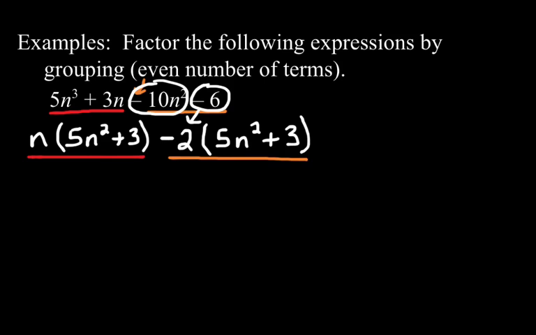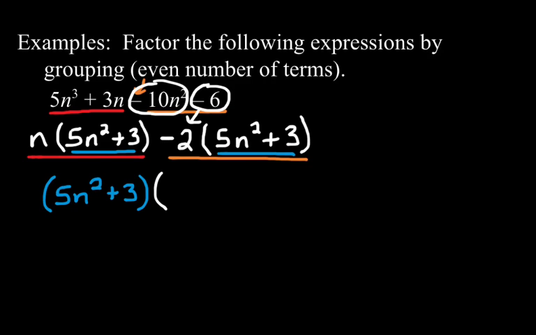Once again, we can notice that, and I chose these so that they would work, but notice this second half is exactly the same inside those parentheses. So we are able to factor out a 5n squared plus 3 from both of these.